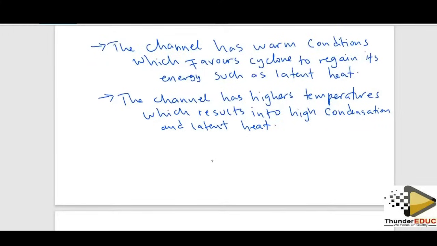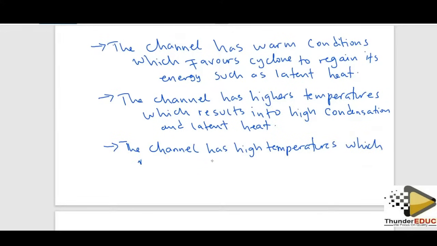Okay. We could as well say the channel has high temperatures, which results into intense low pressure.